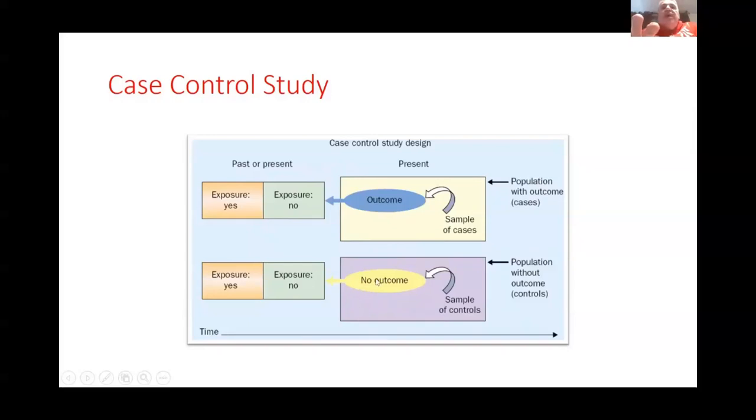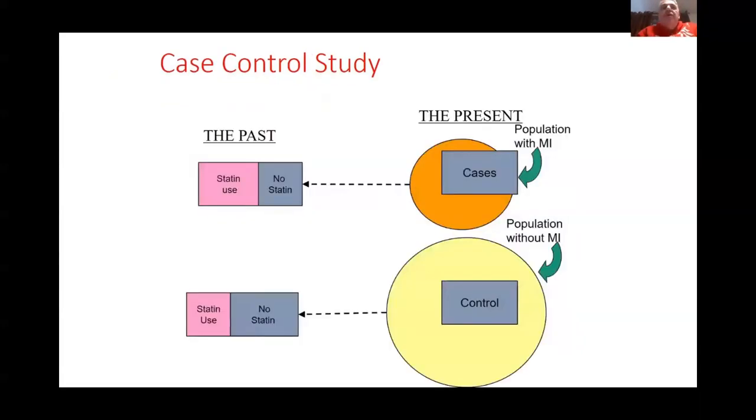Same thing for the controls. These are healthy. Controls usually are healthy because they do not have the disease. And we will see if they were exposed or not, to be able to measure the odds ratio and the strength of the association between disease and exposure.